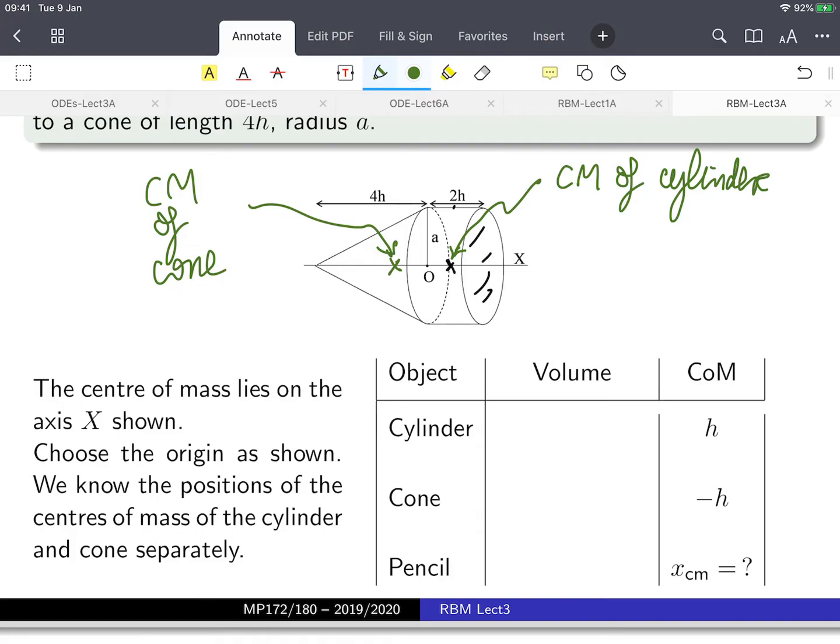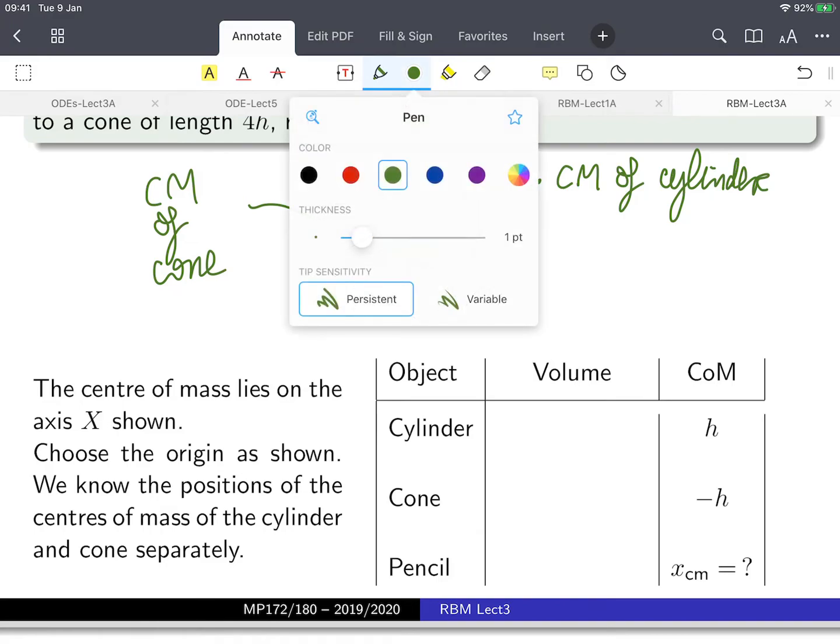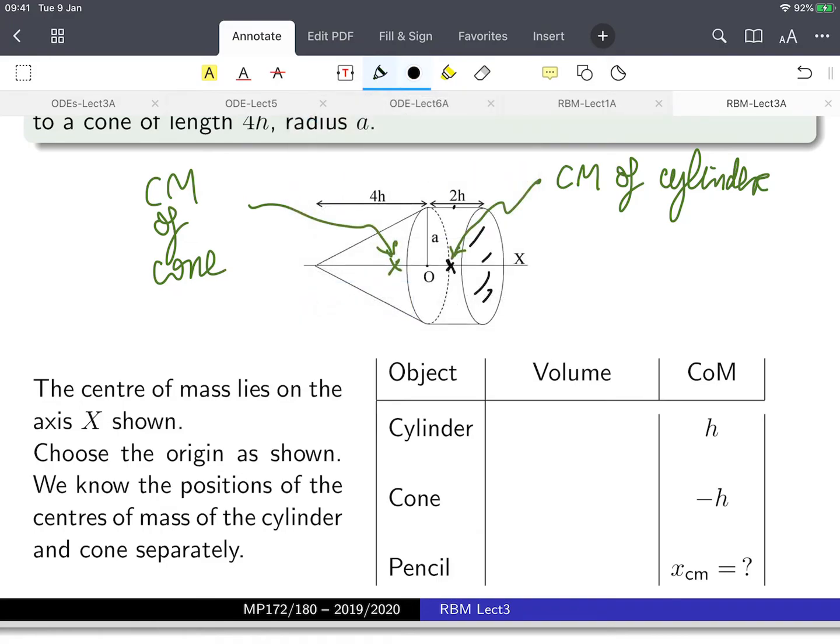We need the volume of each part multiplied by the mass density, and you get the mass. So it's nice to have a table like this because we can fill it up. The cylinder: what's the volume of a cylinder? It's the surface of the cylinder times its height.